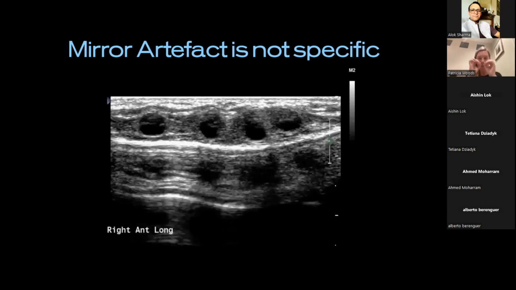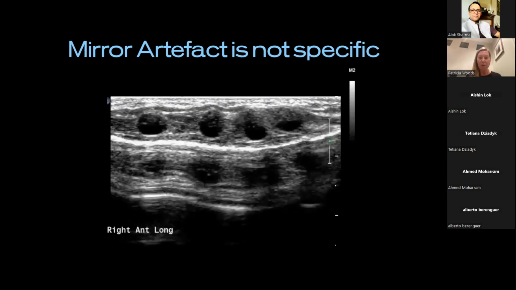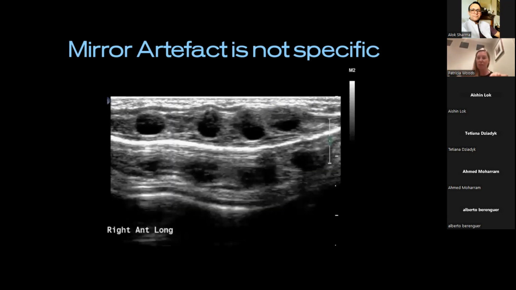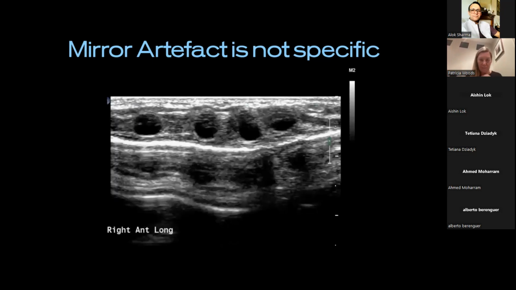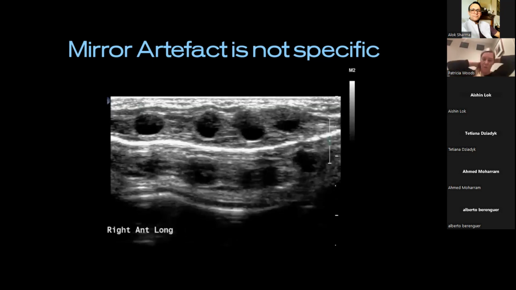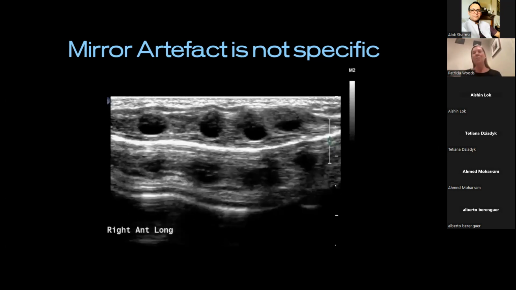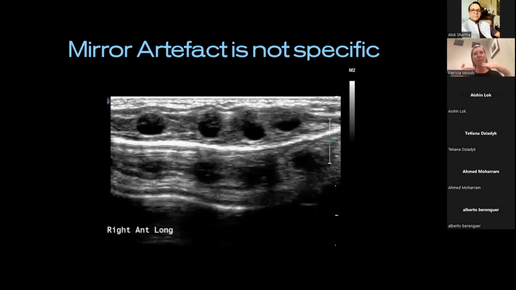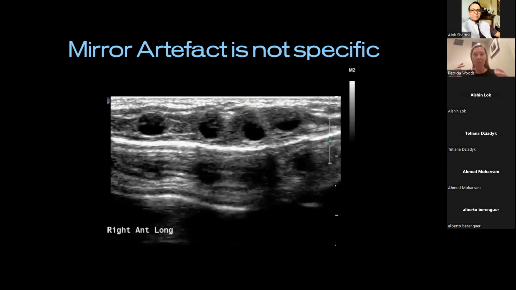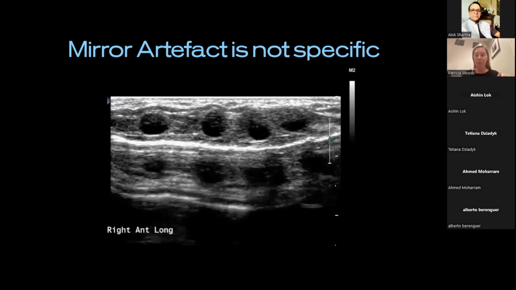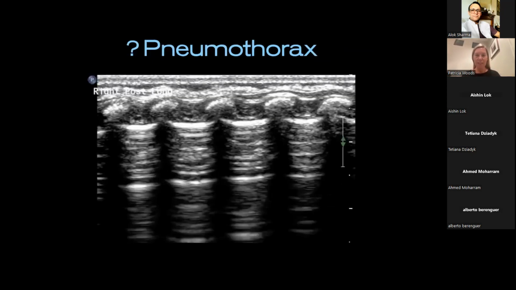We know that the little ribs are all circles and together. Static pleural line that's not moving, it's bouncing with recession, like I showed you. And it's sort of pulsing away a little bit, maybe, but you've got this sort of mirror artifact. So you'll often see it because that sudden transition is acting like a mirror, but please don't think it's mirror artifact, it's got to be air leak, because that's not true. I hope this is kind of making sense for everybody and you can hear me and everything.